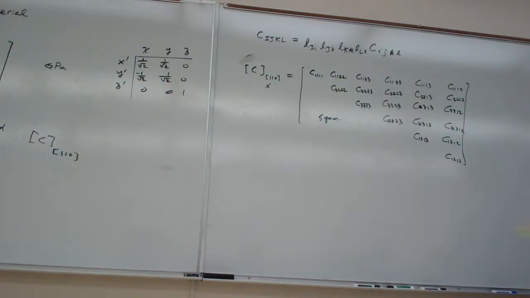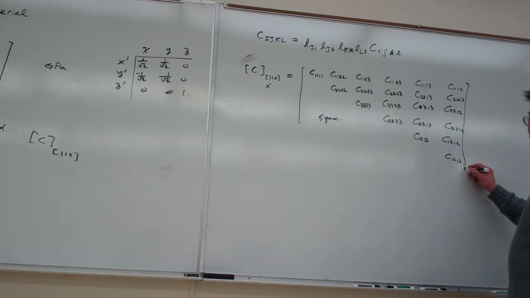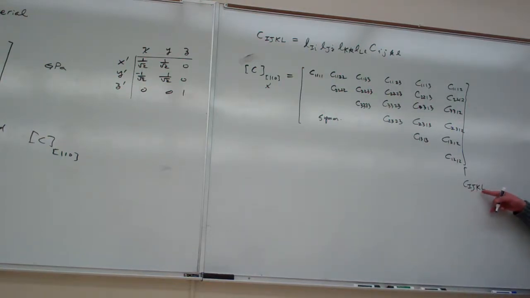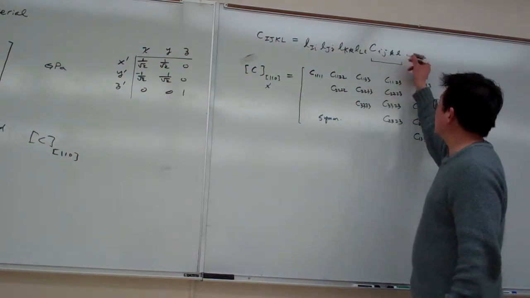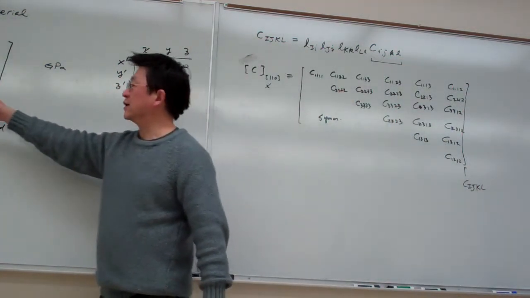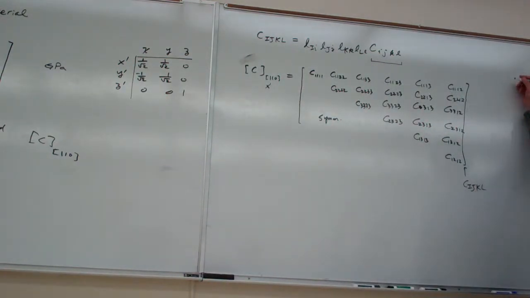Okay, so from here we can try to proceed. So this one basically represents our C'_IJKL, the elements in the new coordinate system. Okay, and in the old coordinate system, that content is given here. Okay, so now I'm going to apply this formula here.